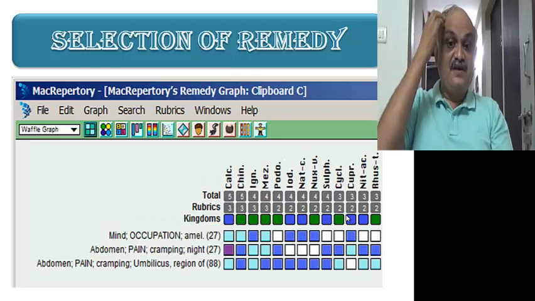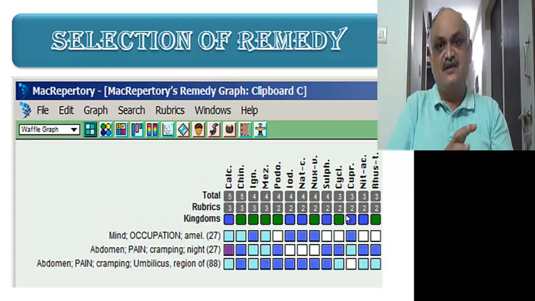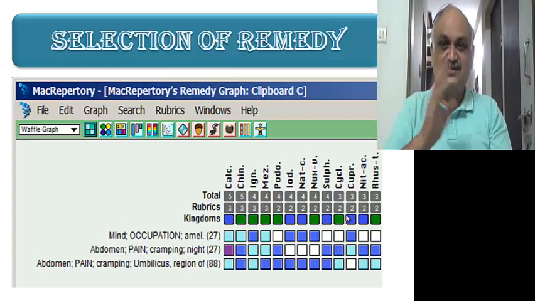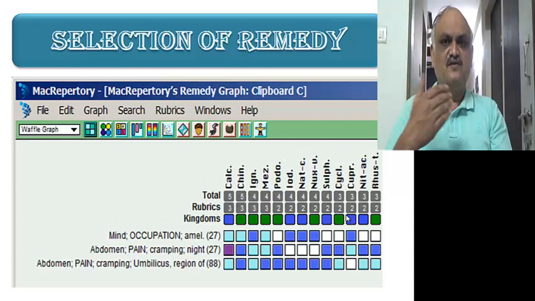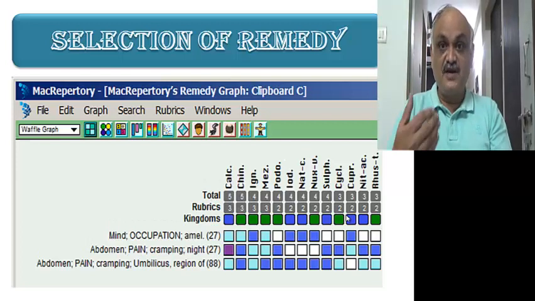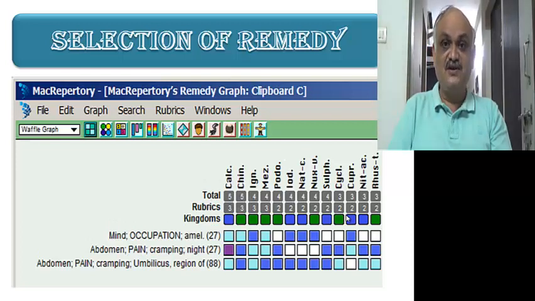Suppose in this case, if I understand the patient as a whole, in general, then I can say this is Calcarea, or this is China, or this is Ignatia, or this is Mezereum, right? So that is necessary. And there are a lot of things we get during the conversation which we are not able to put in repertorial language.